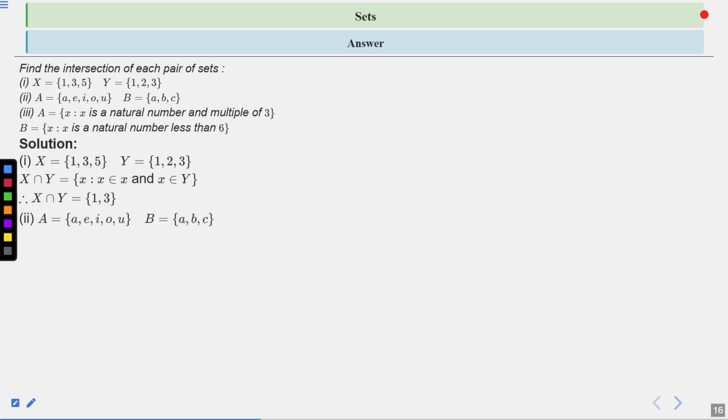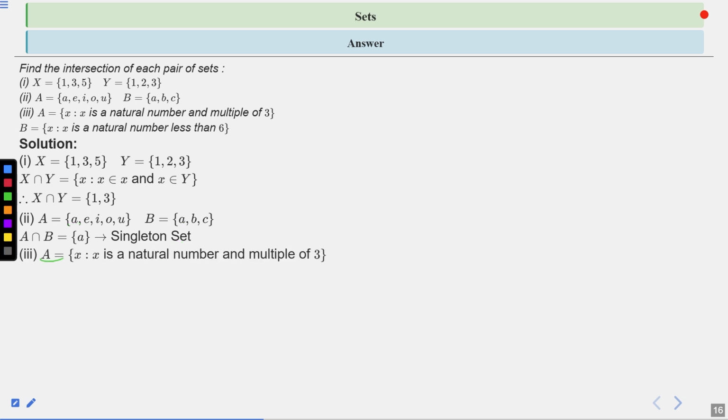Now, for second, A set with 5 elements, B set with 3 elements. A intersection B will be a singleton set. I hope you remember the singleton set definition. What is it? Very simple, a set which contains exactly one element. So, singleton, and the single element is A.